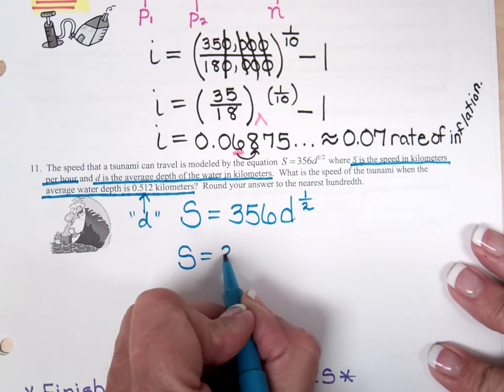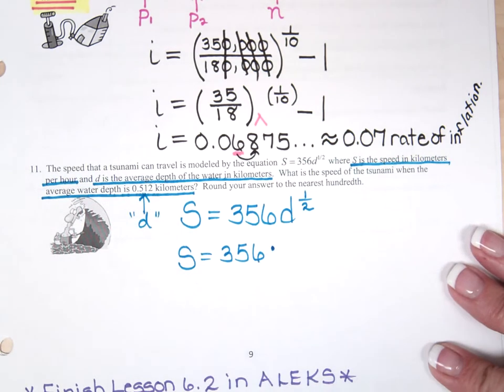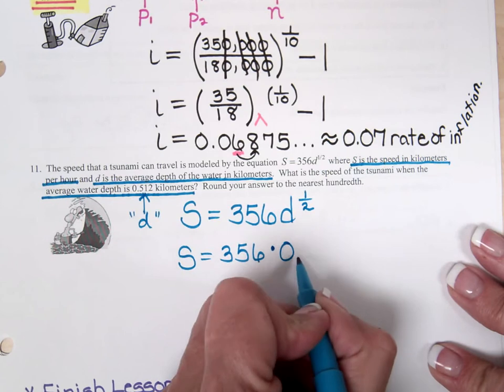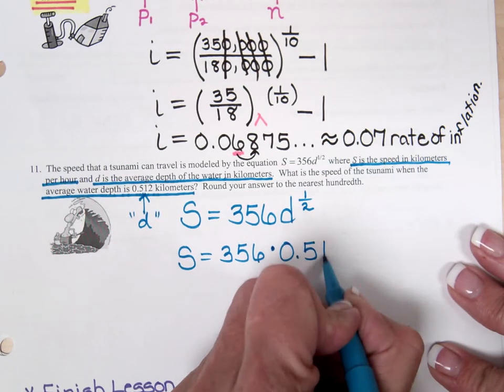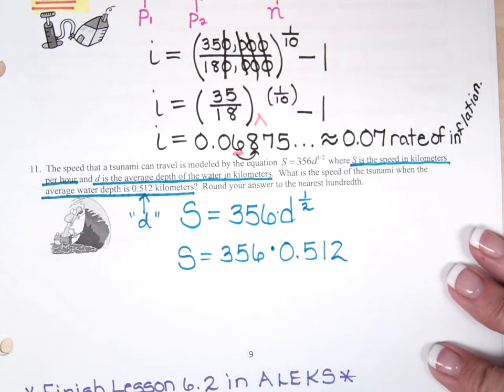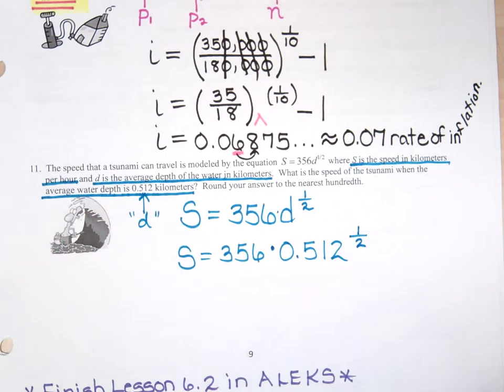356. Going to be a good idea, put your times sign in or parentheses. 0.512. Because remember, there's an imaginary times sign right there. And then that's to the 1/2 power. So let's put our little reminders in.